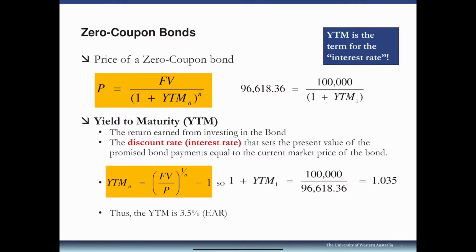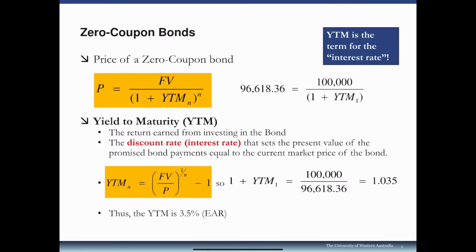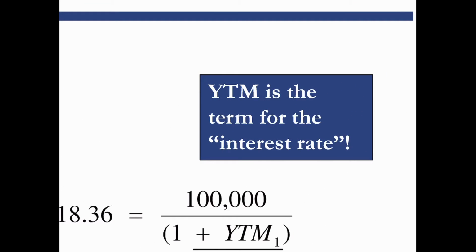So in this simple example, what we have here is 96,618.36 equals 100,000 divided by 1 plus yield to maturity. And the yield to maturity here is called the return earned from investing in the bond. The yield to maturity here is the term for the interest rate.